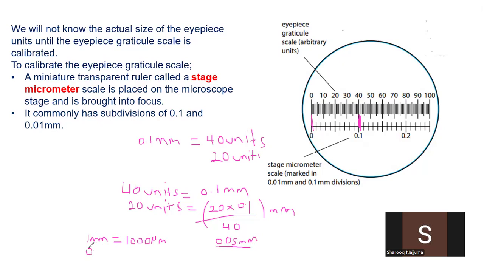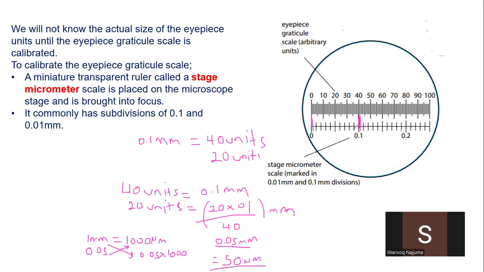So how about the 0.05? Whenever you are writing your answers, please show the working. It's going to be 0.05 times 1,000. And if you place that into a calculator, it's going to be 50. It's going to be 50 micrometers.